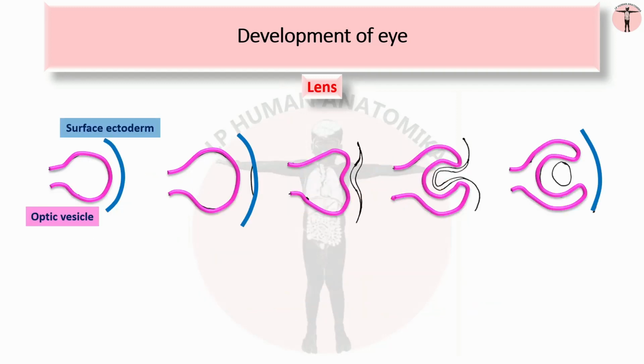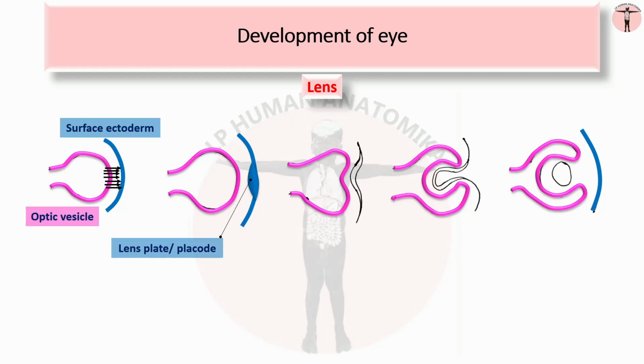The surface ectoderm is now induced by the developing optic cup through a reciprocal relationship. As the surface ectoderm comes in contact with the optic vesicle, as the invagination of the optic cup is occurring, the surface ectoderm adjacent to the vesicle begins to thicken, forming the lens plate or the lens placode.